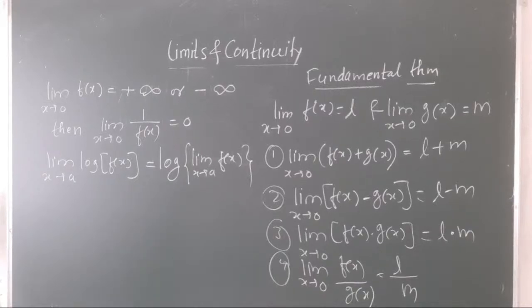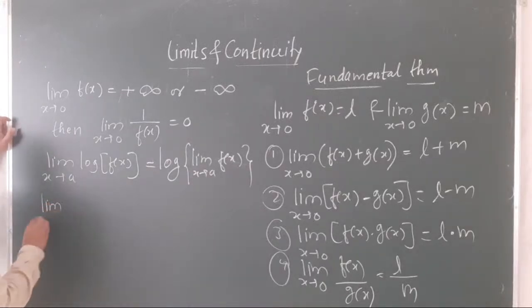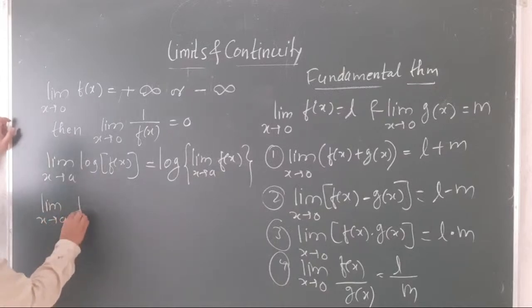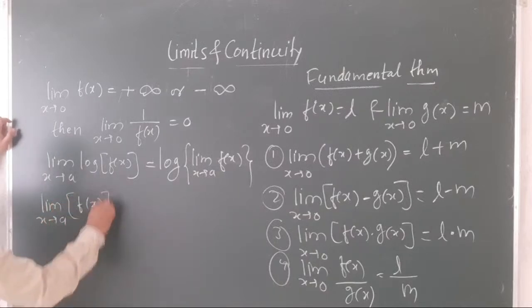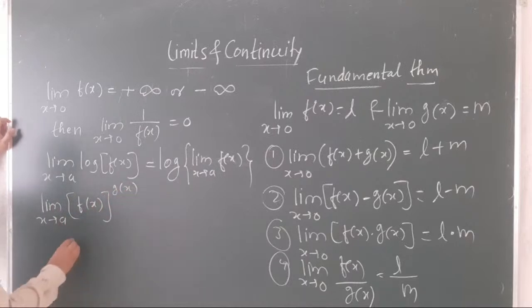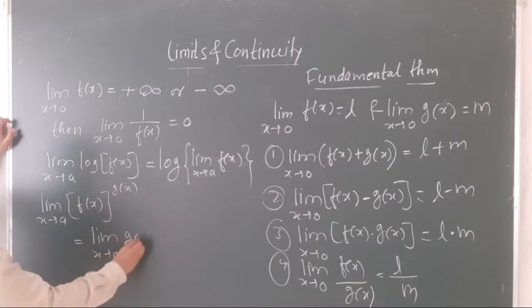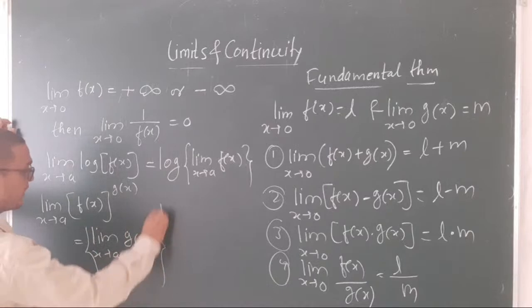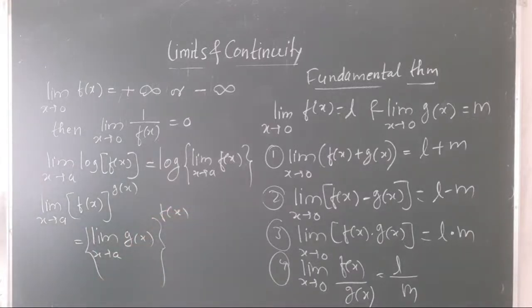Next, one more I will take. Okay, see here, limit x tends to a f of x to the power g of x. Sorry, I think I made a mistake in this condition.